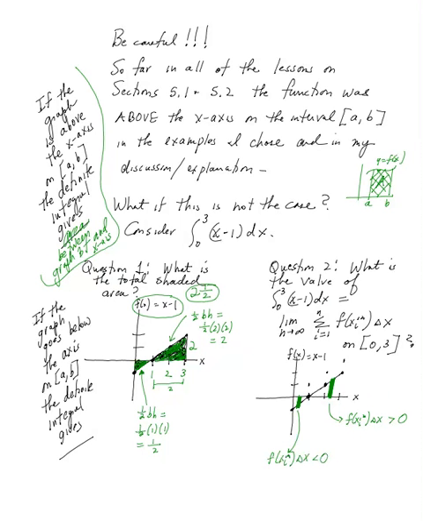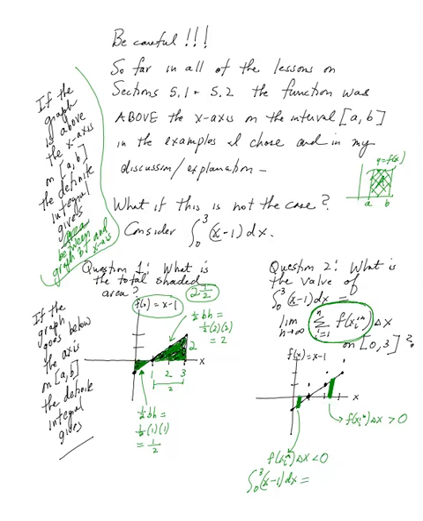So what's happening when I take the sum of the areas of the n rectangles? What's happening when I take this sum? I'm getting some of those added to a bunch of negatives. What's going to happen is that the value of this definite integral from 0 to 3 is the value of the limit of the sum of the areas of these rectangles.